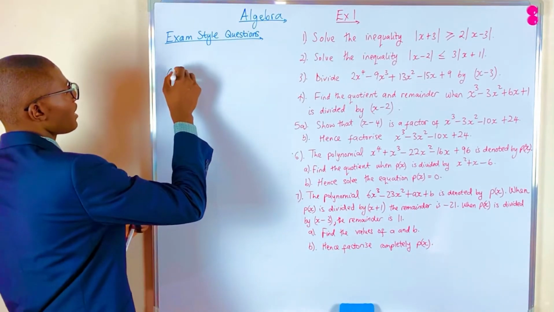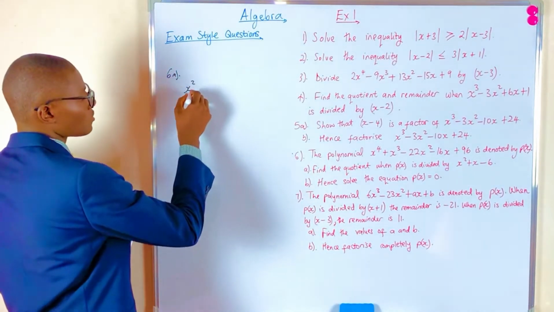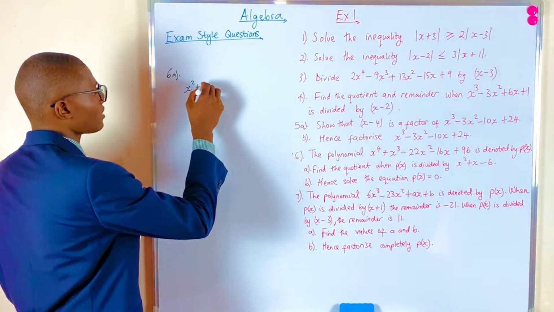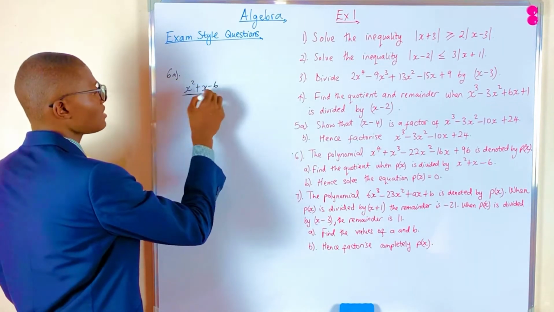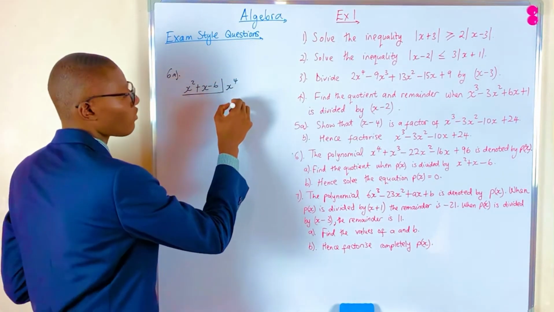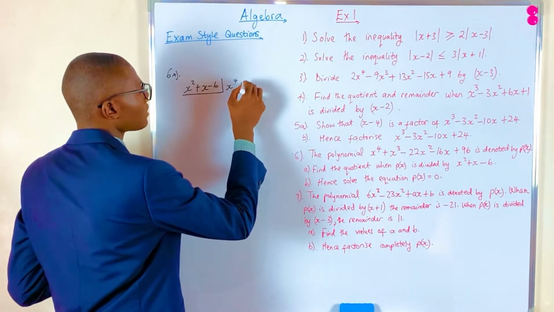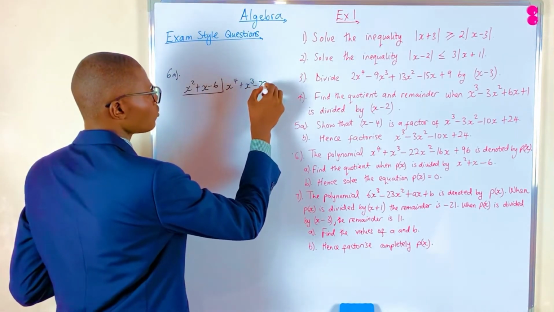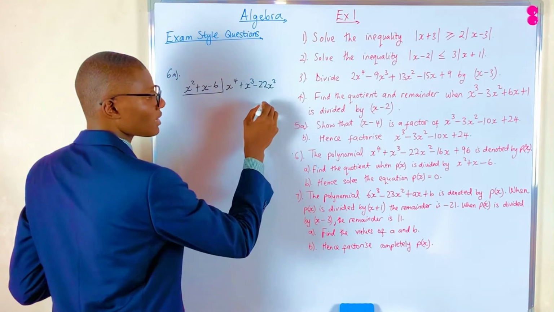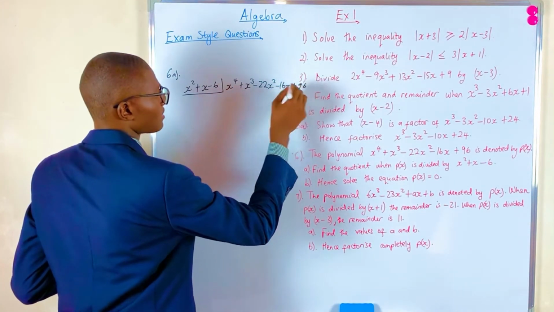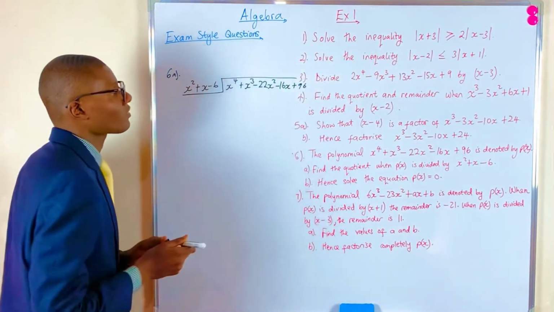So 6a, we're saying x squared plus x minus 6. We're dividing this into x to the power of 4 plus x to the power of 3 minus 22x squared minus 16x plus 96, like this, right?